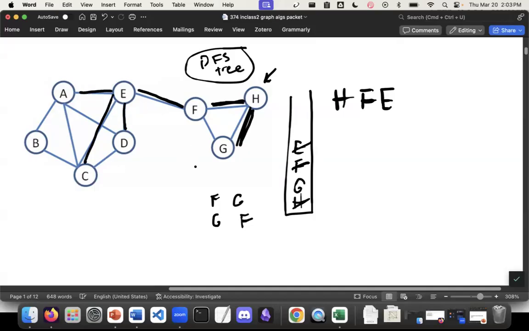Again, we have choices for how we want to push these onto the stack. So if I do D, C, and then A, now A is on top, and we do the process again. So we pop A, we add its children, which is only B left.